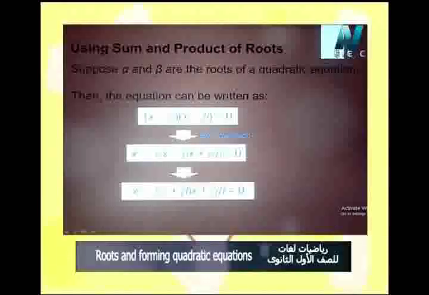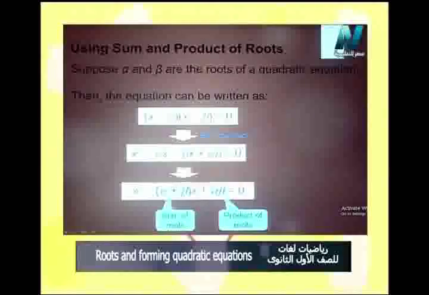So concentrate well. We have here alpha plus beta. What are alpha and beta? Alpha and beta are the two roots of that equation. It is the sum of the two roots, in fact. And alpha beta is the product of the two roots. So concentrate with me. There is a sum and this is a product.